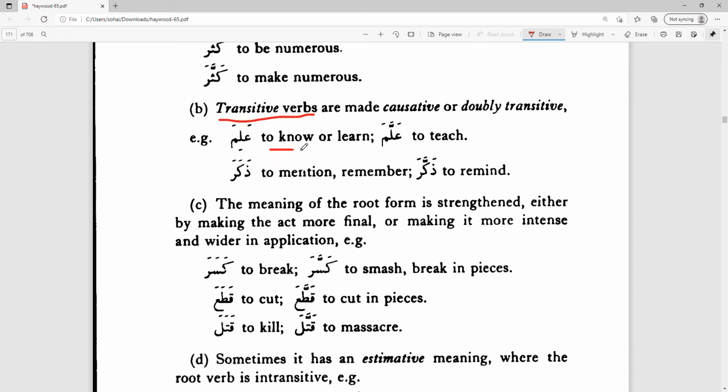So alima is to know, which is a transitive verb. It makes it doubly transitive or causative. Allama, to teach. So allama is the cause of learning, the cause of somebody knowing, number 1. And number 2 is allamtu Zaydan al-kitaba. I taught Zayd the book.